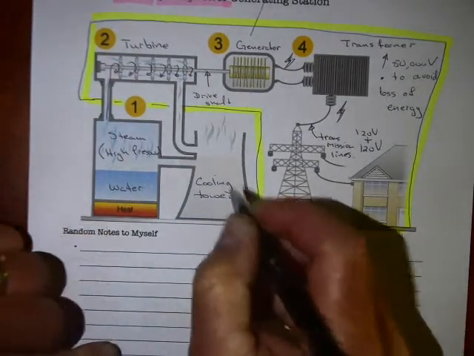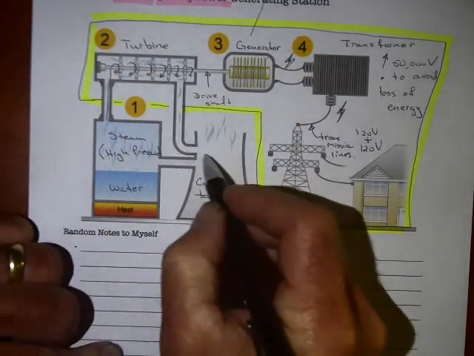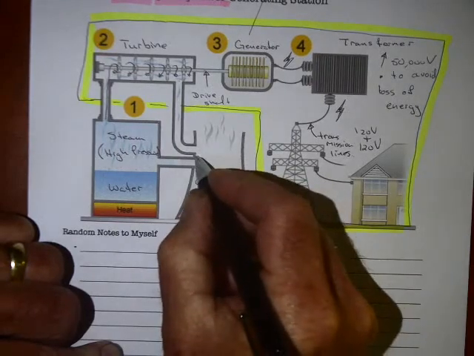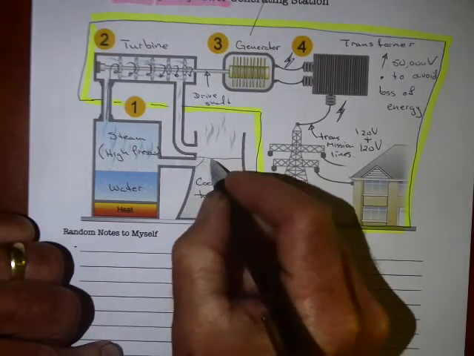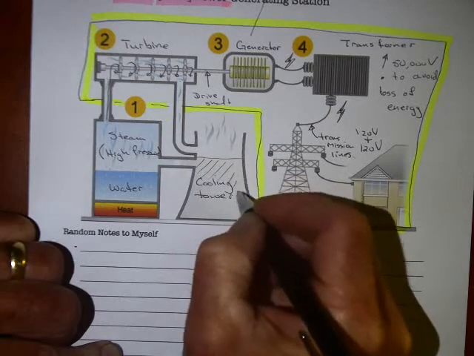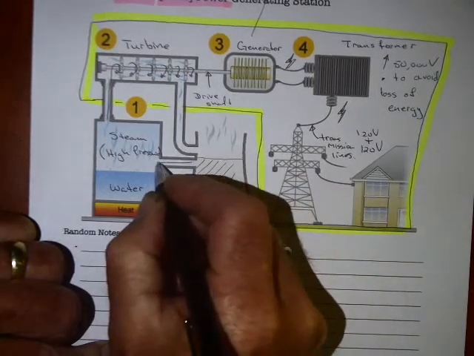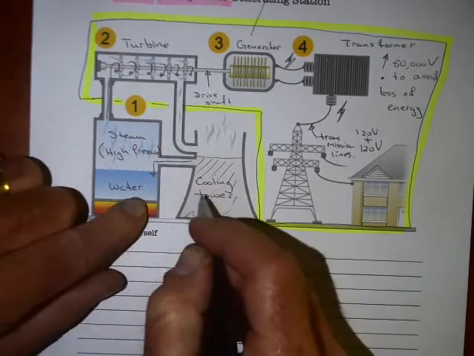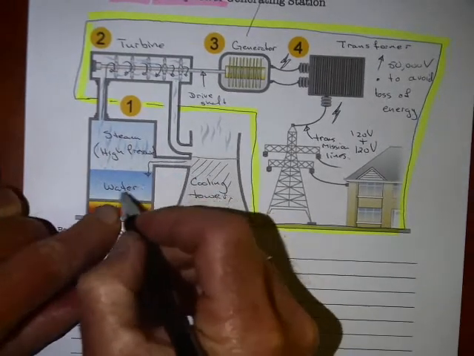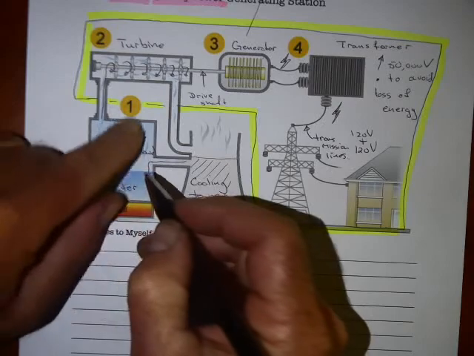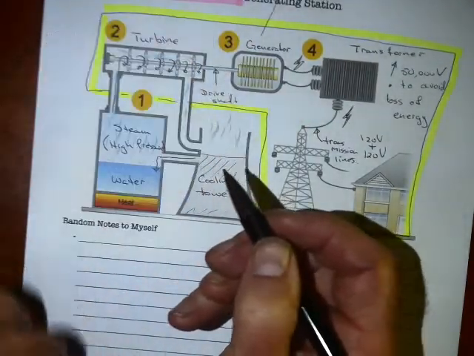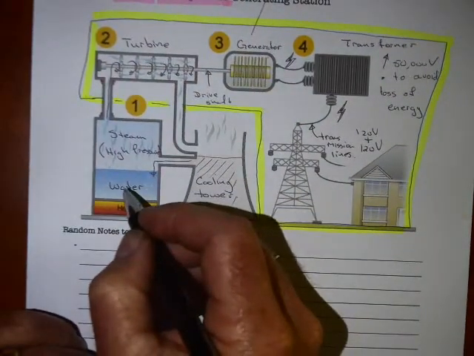And what happens is this steam turns into water again, and it is replaced back here, because if we just kept heating water and the steam went up, eventually all the steam would boil away and we'd have no water here.